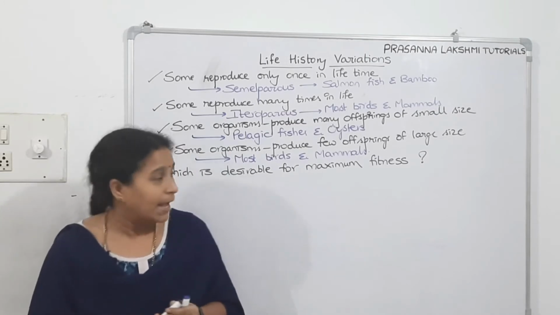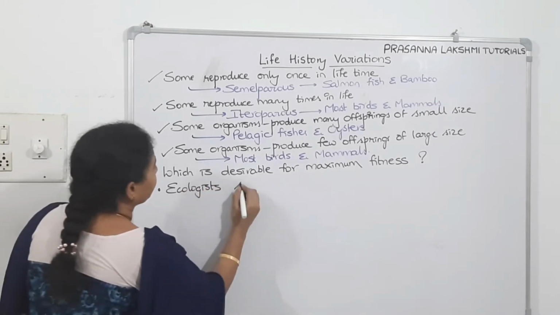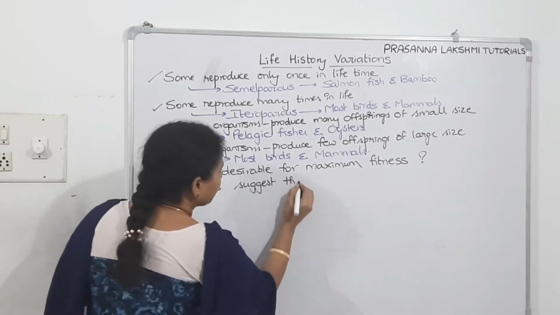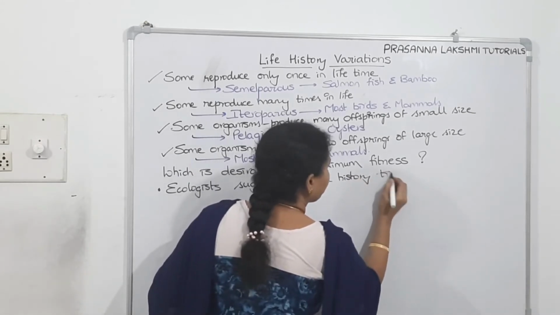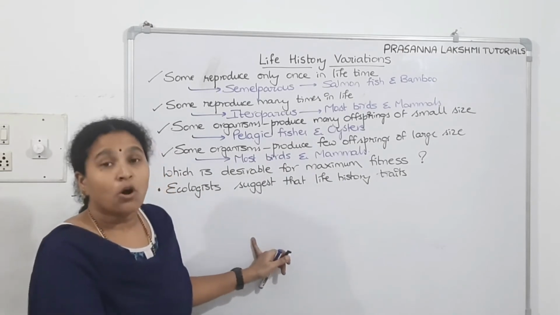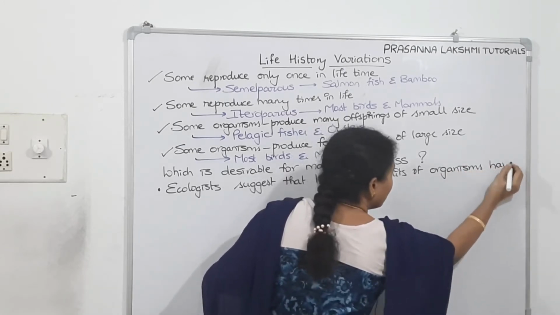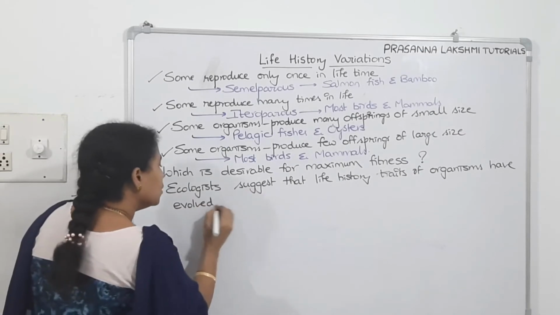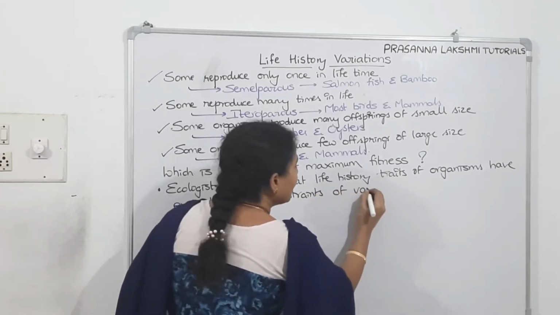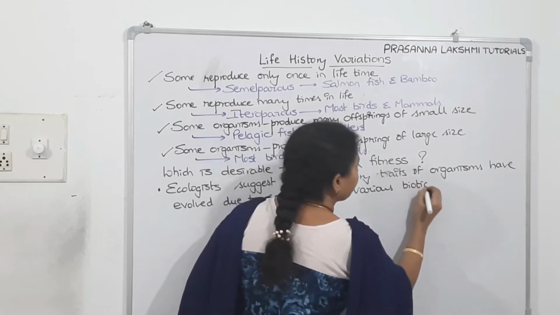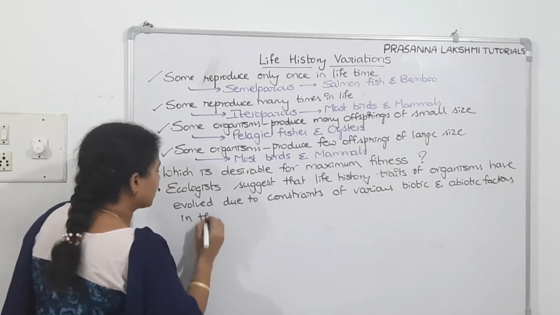So ecologists suggest that the life history variations, or life history traits of organisms, have evolved due to the constraints of various biotic and abiotic factors in their habitats.